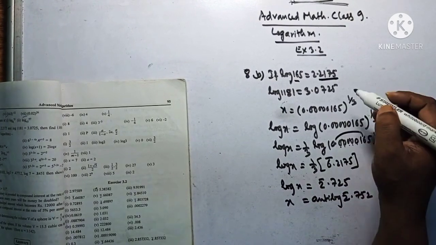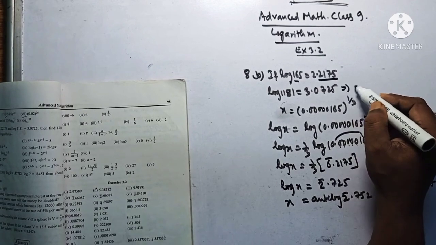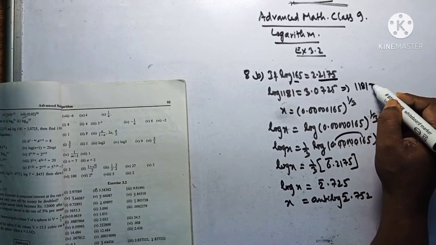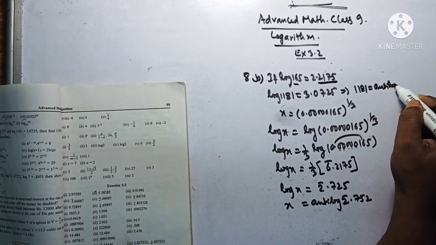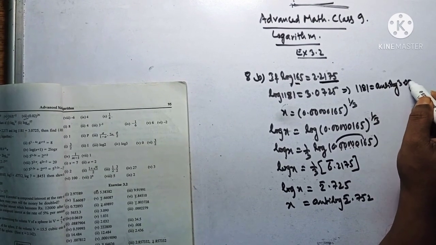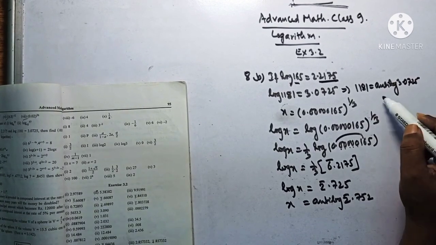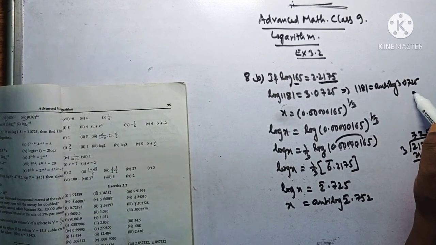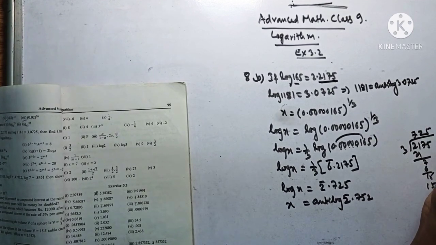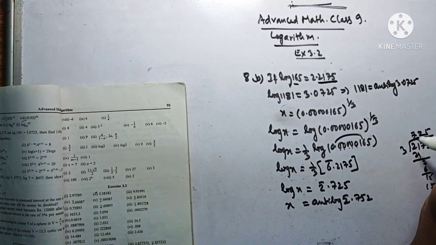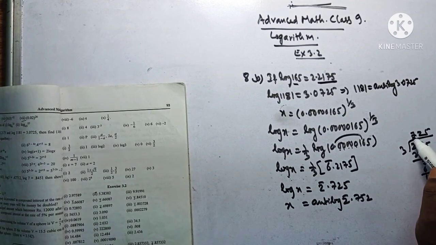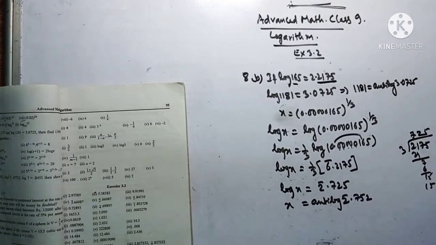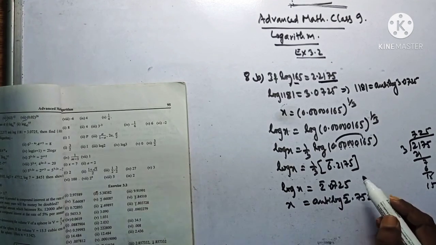Now here you see this log x, this is given to you. So 1181 is equal to the anti-log of 3.0725.